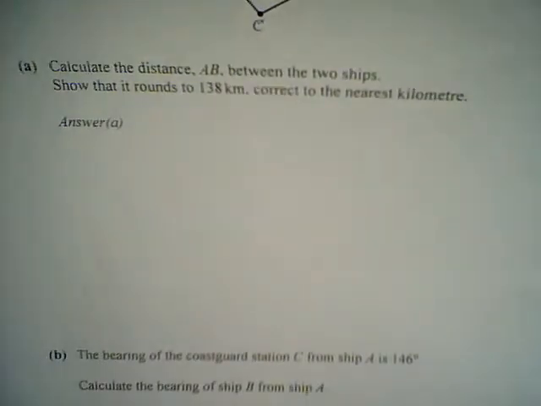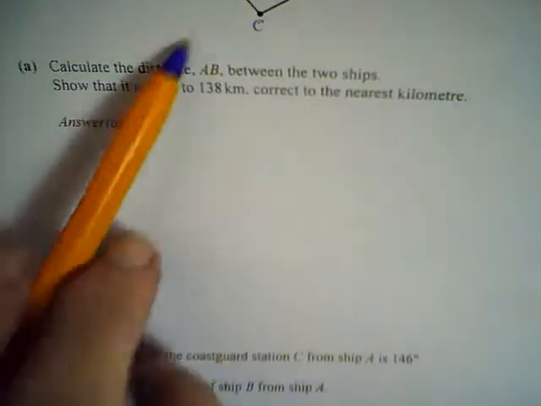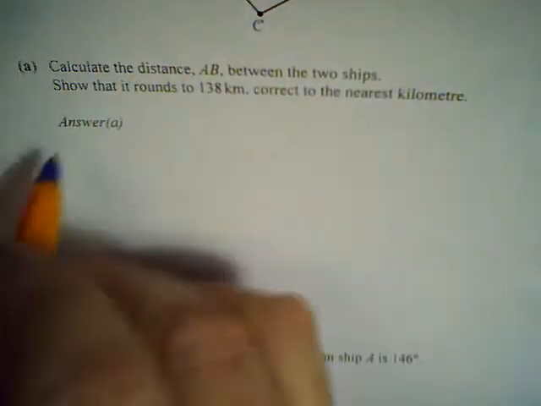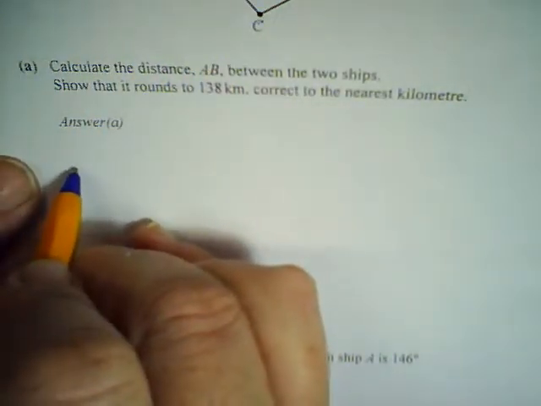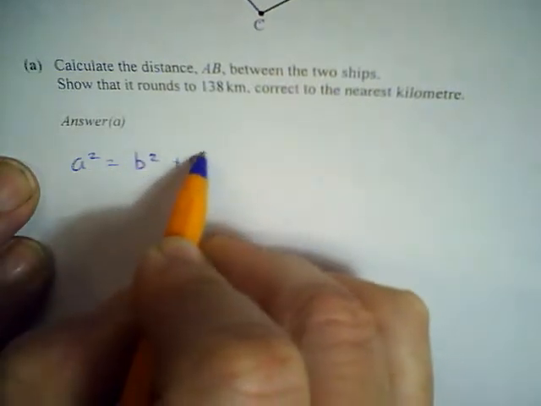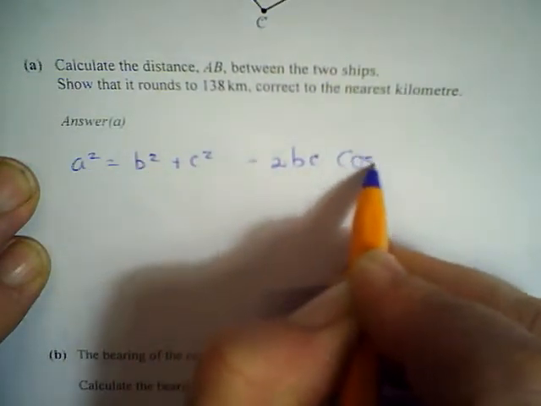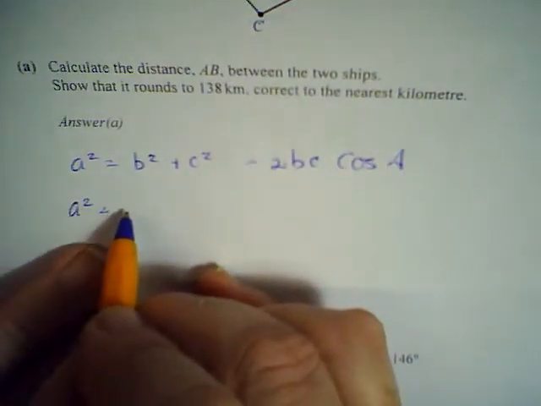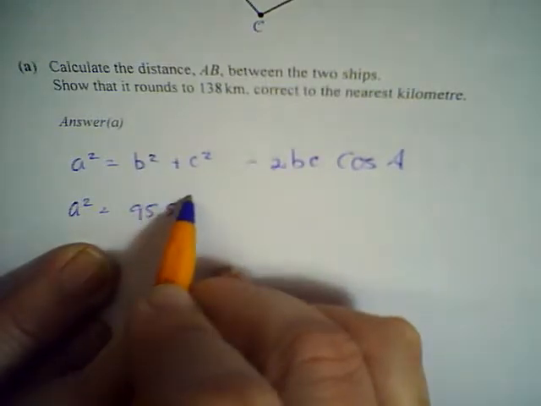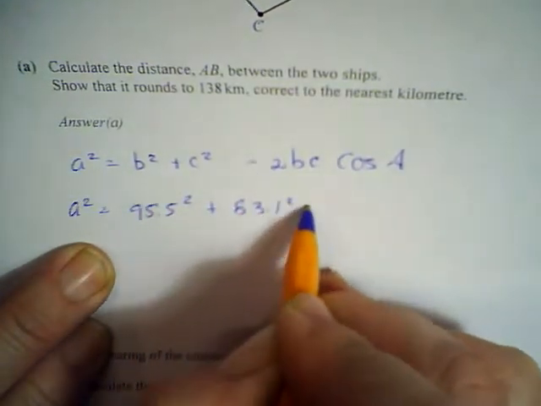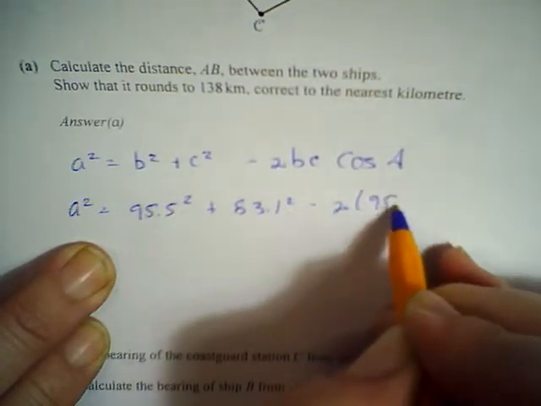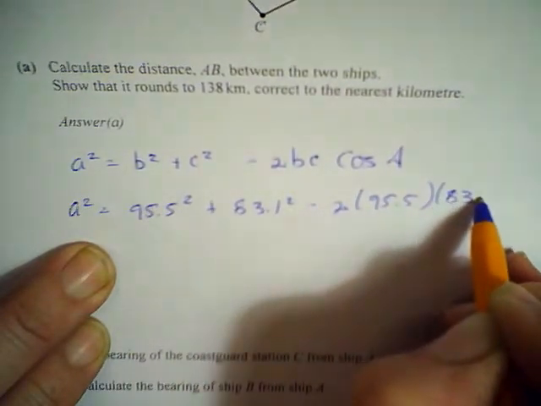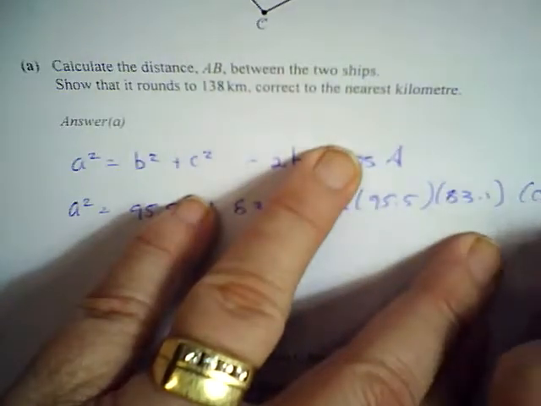Okay, good. So if I do that, I know that for the distance between the two ships I have an angle and two sides, so I can use the cosine rule. So a squared equals b squared plus c squared minus 2bc cos A. I can substitute it in. That would give me 95.5 squared plus 83.1 squared minus 2 times 95.5 times 83.1 cosine of 101.